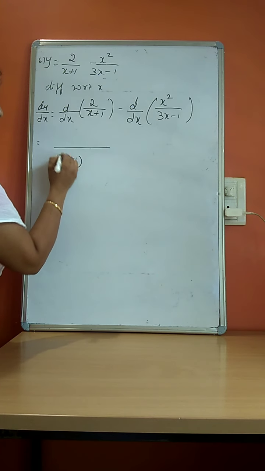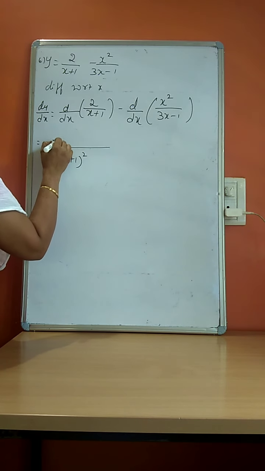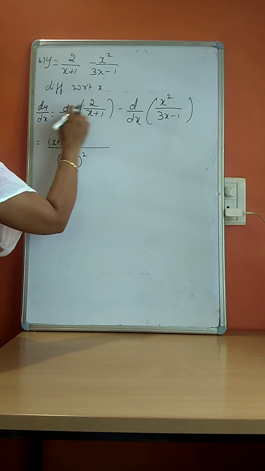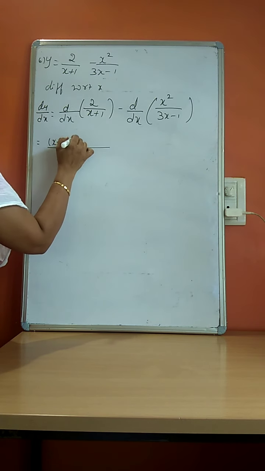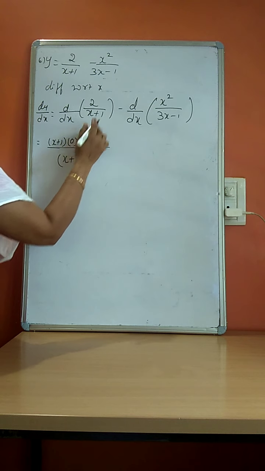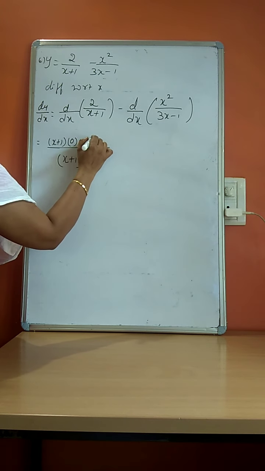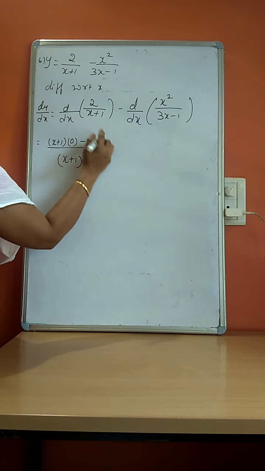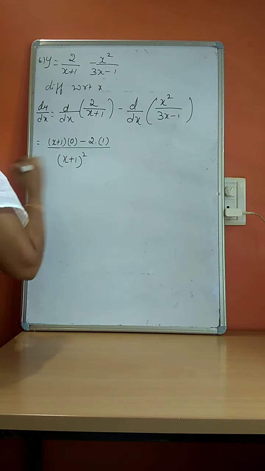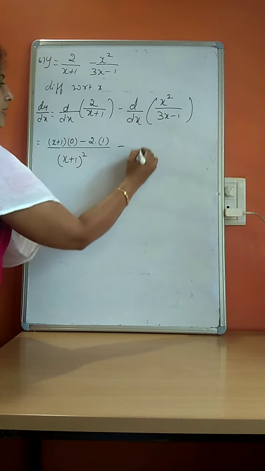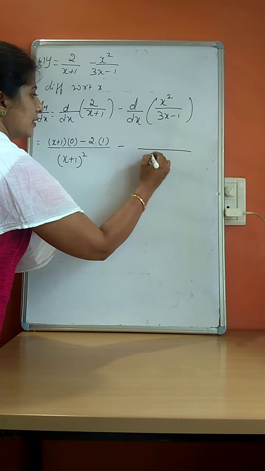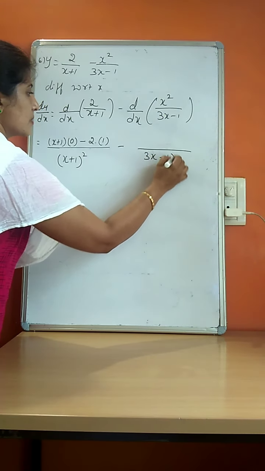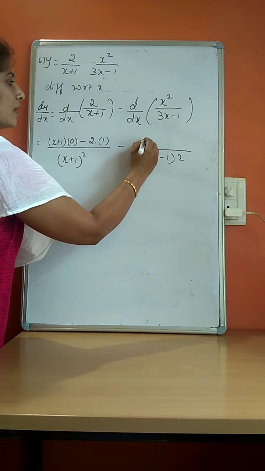Denominator square into x plus 1. Differentiation of a constant is what? 0 minus, okay, constant into differentiation of a denominator. Differentiation of x is what? 1 minus 3x minus 1 whole square.